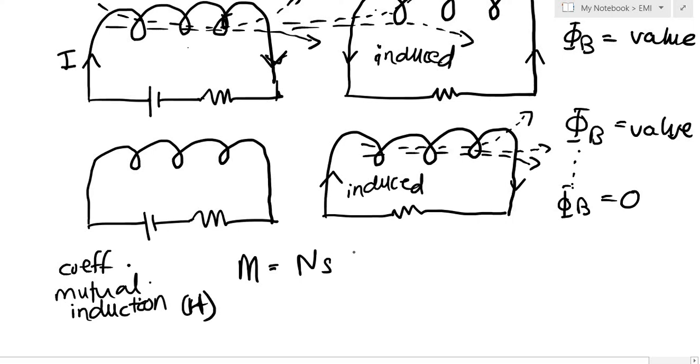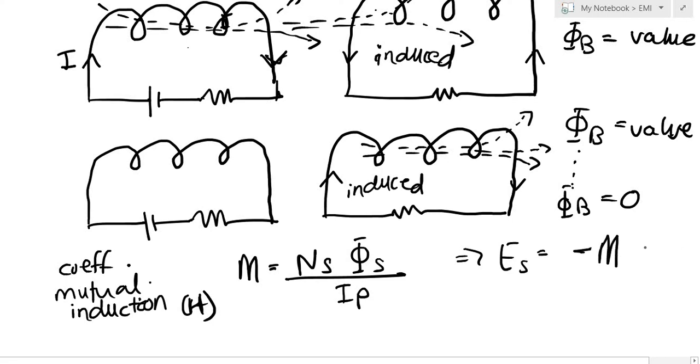The formula is the number of turns of the secondary times the magnetic flux through the secondary, all over the current through the primary. And you can also convert it into this: induced EMF in secondary is negative M times dI through the primary with respect to time.